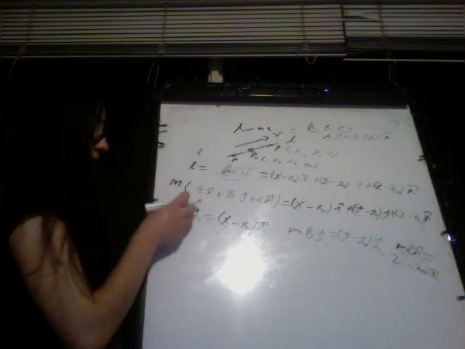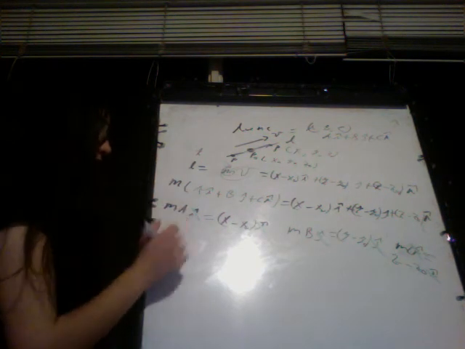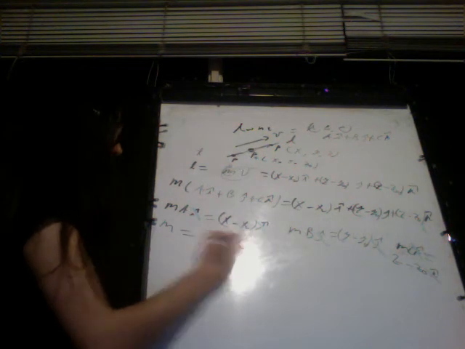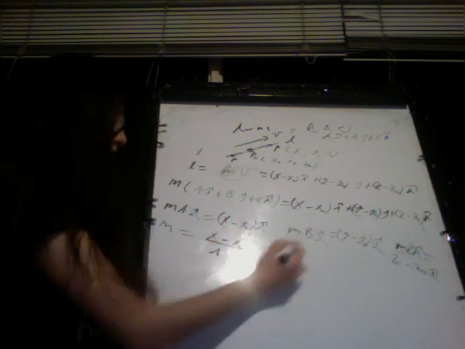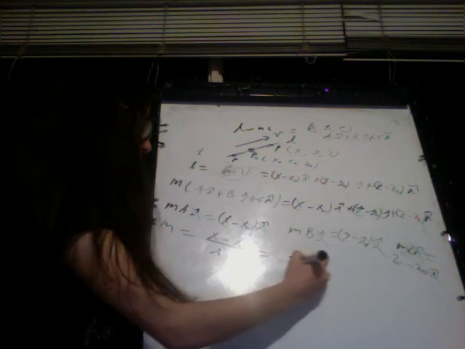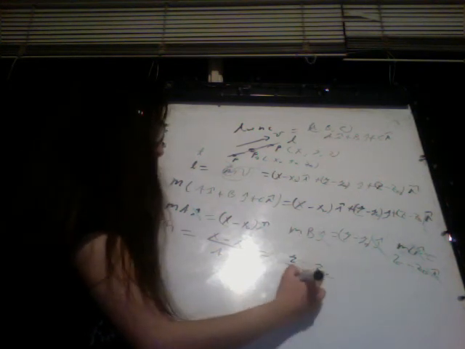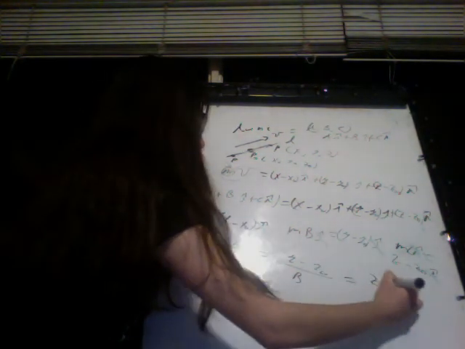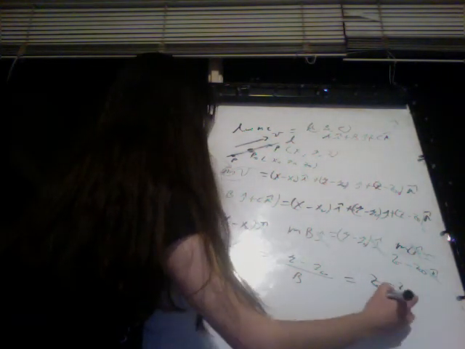If we want to isolate M, we can say M is equal to X minus X naught divided by A, but M is also equal to Y minus Y naught divided by B, and also equal to Z minus Z naught divided by C.